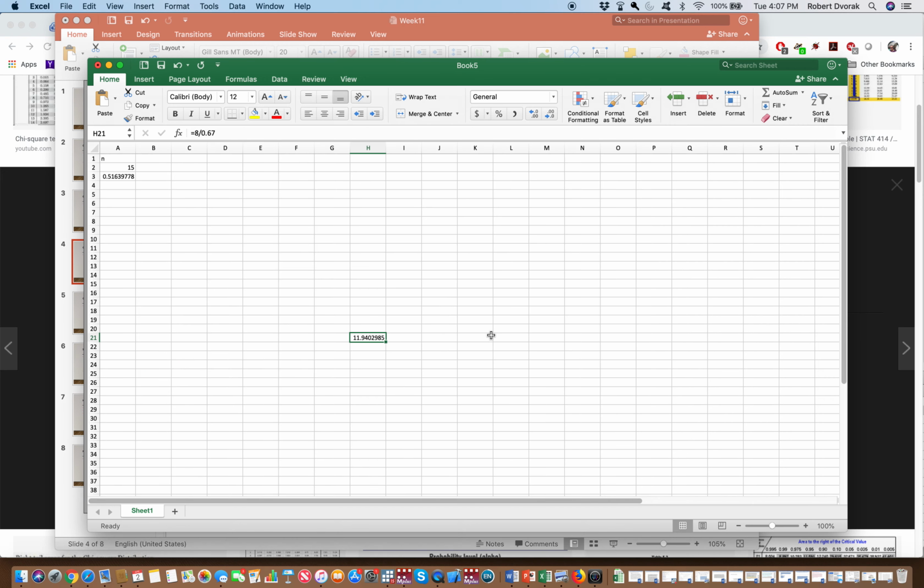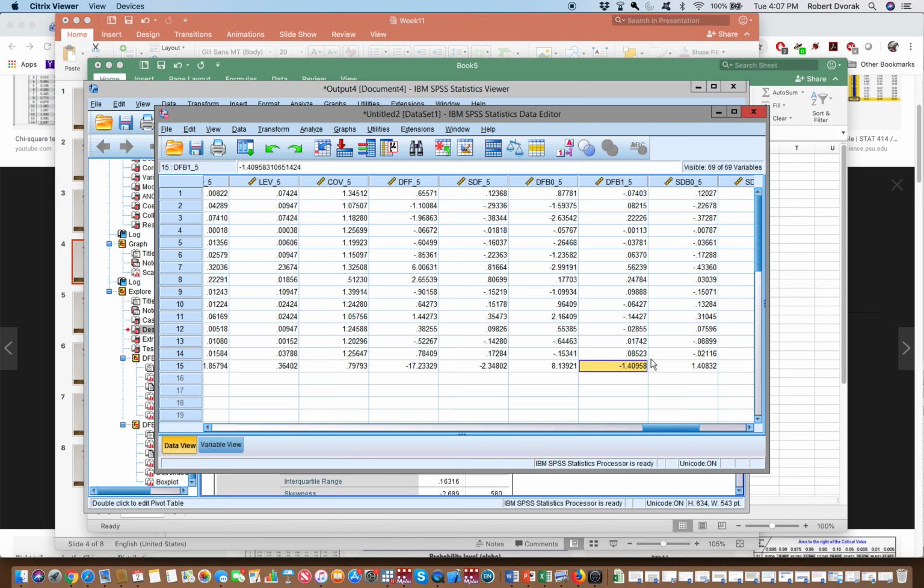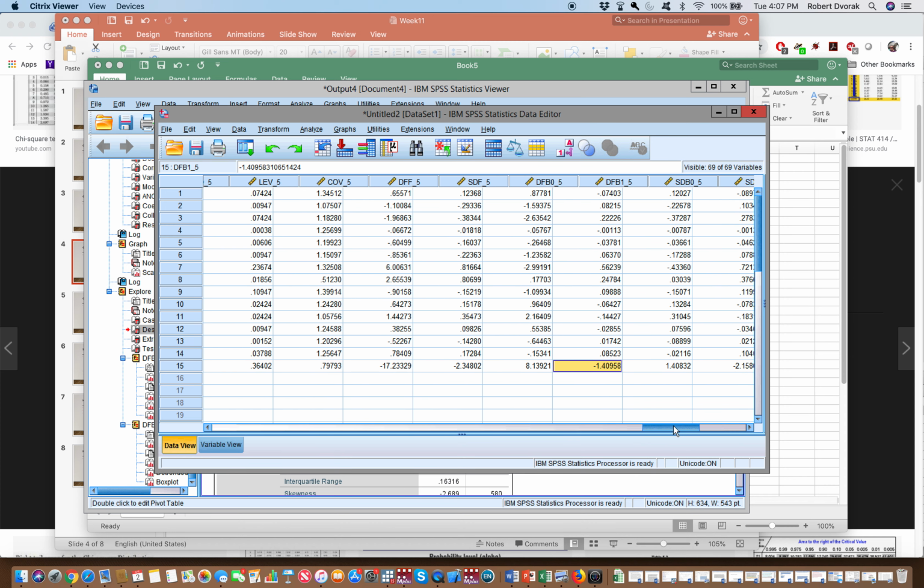So minus 1.14 divided by 0.11, and it is affecting the slope by about 10 standard deviations, a z-score of 10. That is a pretty dramatic effect on the slope, and so we can conclude from these that at least that observation is having a pretty significant effect on these, right?